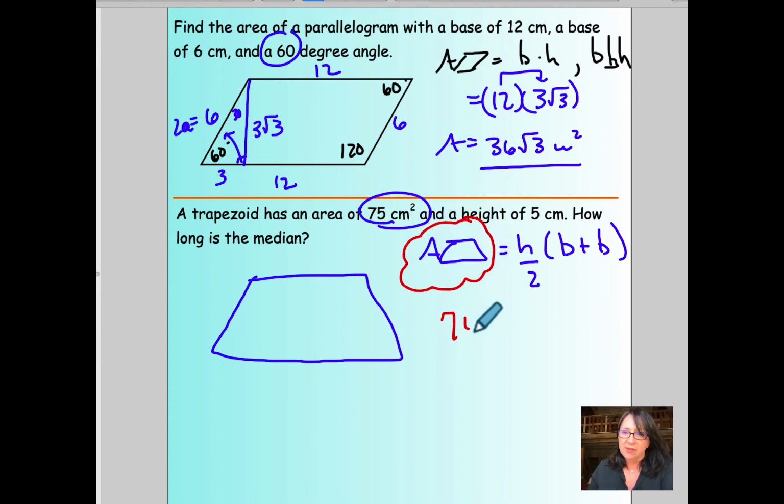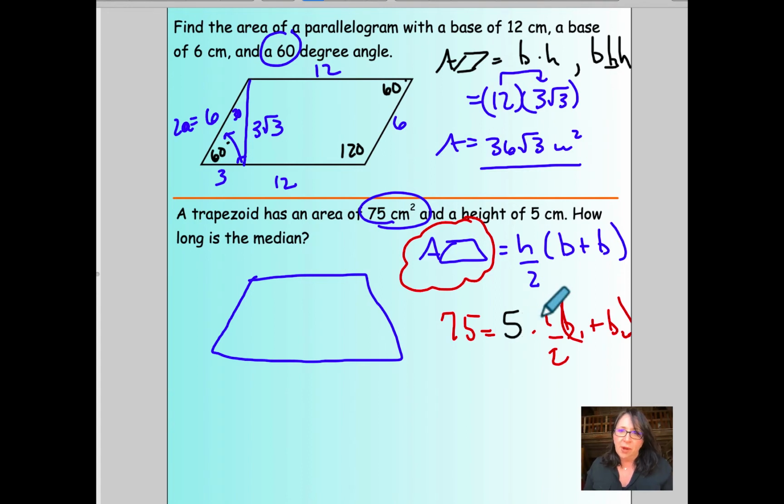So I would get 75 is equal to the height times 1/2 the sum of my bases. And the reason why I split that up, base 1 plus base 2, is because they did mention that I do have a height of 5. So what that would do for me is move this h and put that in as 5.